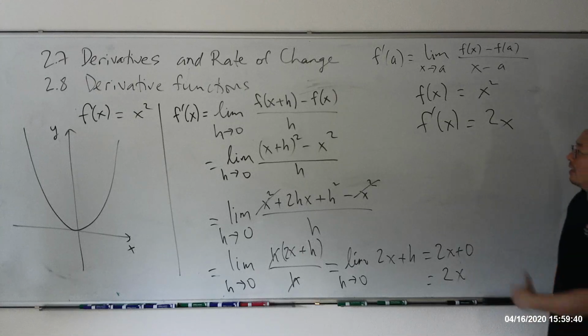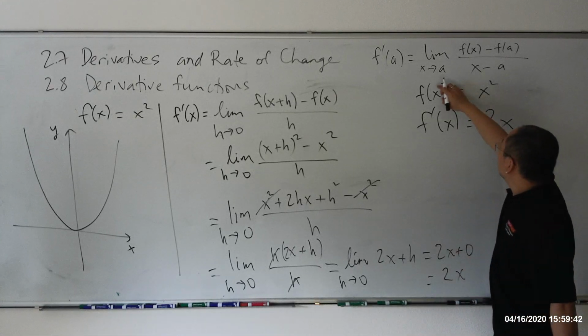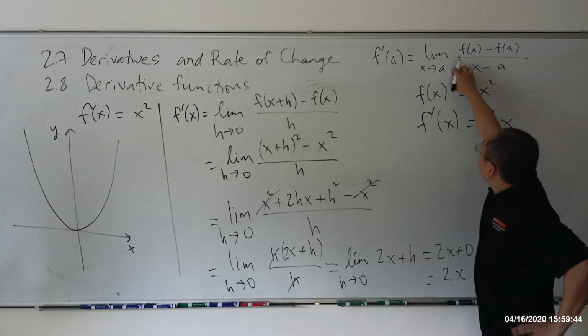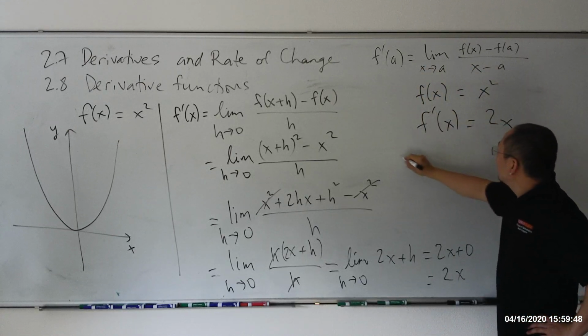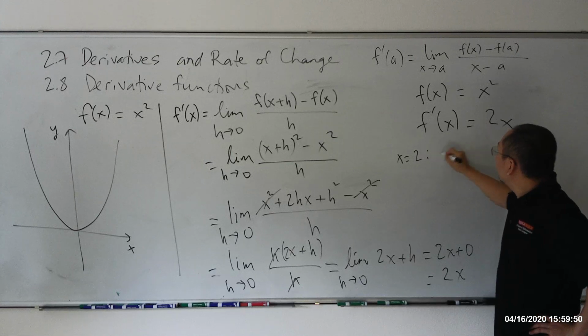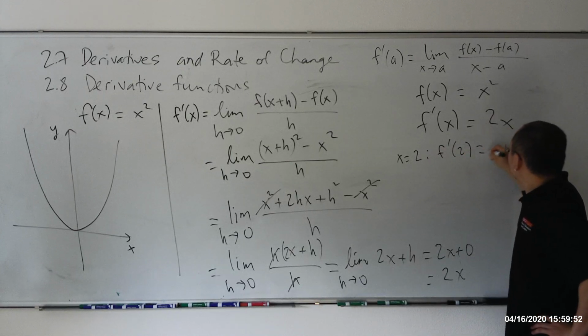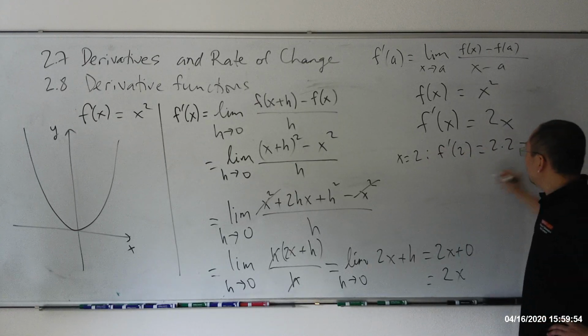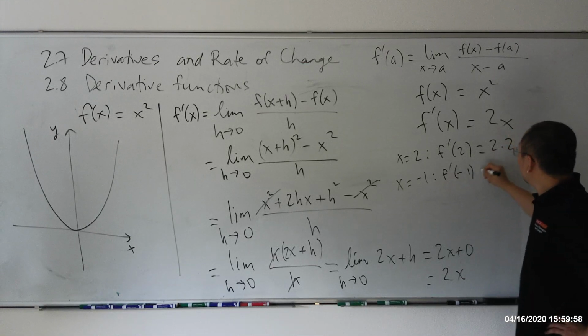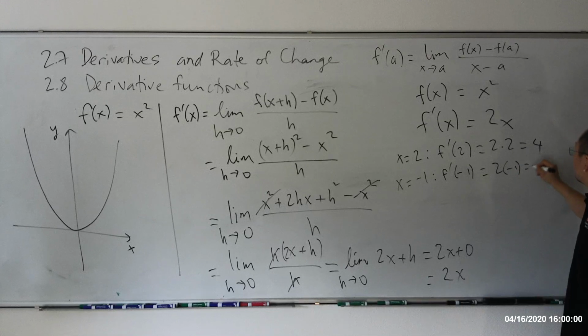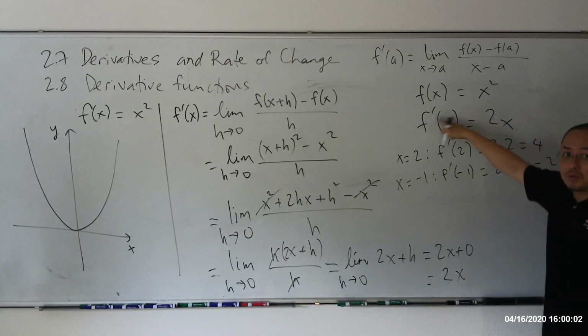Alright? Now we don't need to plug values into the definition and calculate f prime at a point. We have the derivative function already. For x equal to 2, f prime of 2 is 2 times 2, which is 4. X equal to negative 1: f prime of negative 1 is 2 times negative 1, which is negative 2. See, right here, derivative function.